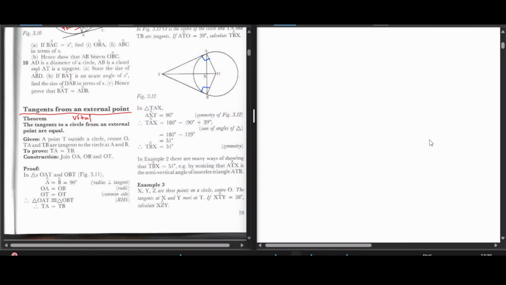X, Y, Z are 3 points on a circle, center O. The tangents at X and Y meet at T. If XTY is equals to 58 degrees, calculate XZY. So this is the diagram we have, and let us see what is Rufamba saying. So we have a circle, we have 2 points X, Y, like this.